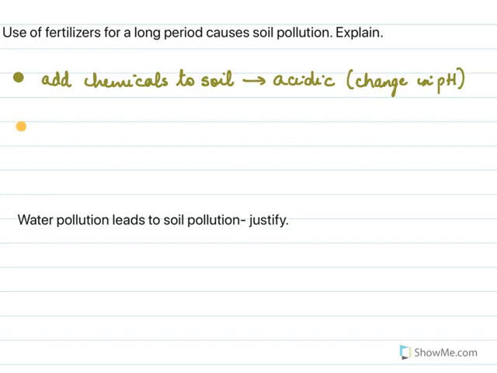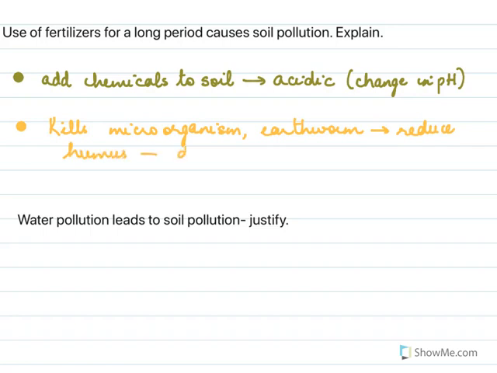And the second point is it kills certain microorganisms. It also would kill earthworms. Excessive use would kill earthworms and hence reduce humus and decrease fertility.